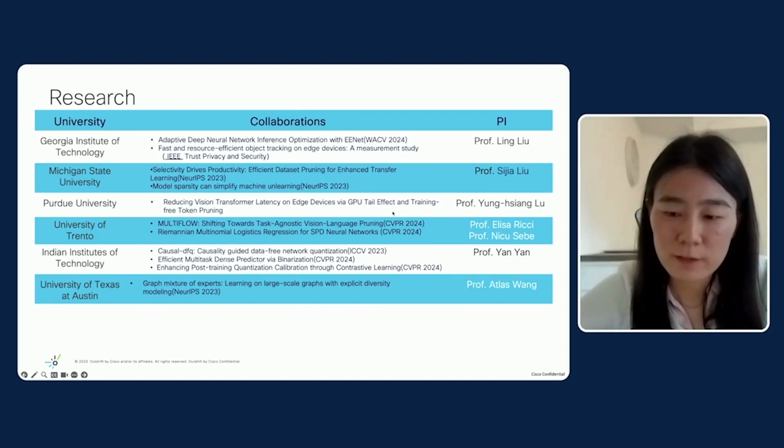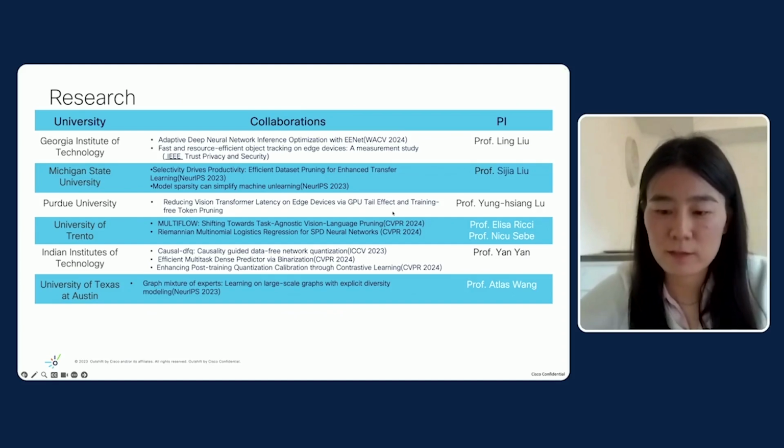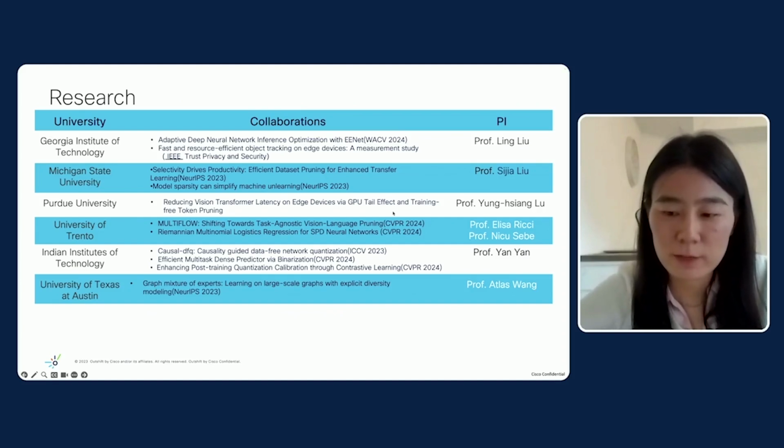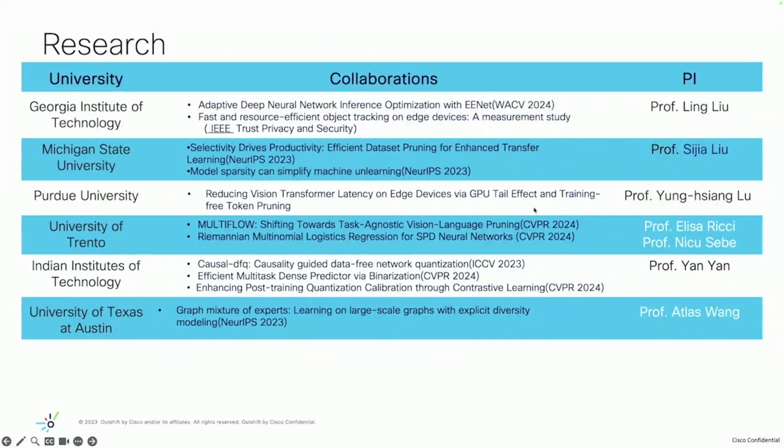At Purdue University, Professor Yung-hsiang Lu's team has addressed the latency challenges in vision transformer with their innovative approach. And Professor Elisa Ricci at the University of Trento focused on vision language model pruning. We are trying to integrate this work into ModelSmith recently. And we also work with UT Austin on graph mixture of experts and with IIT on post-training quantization.